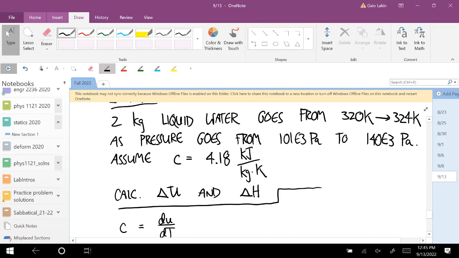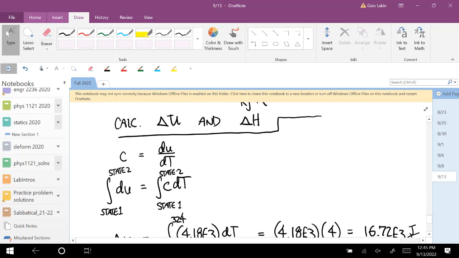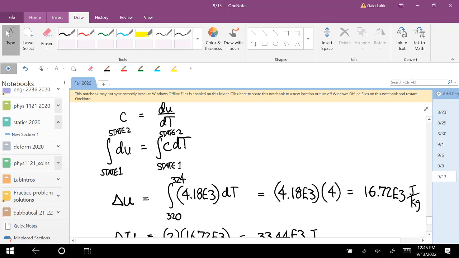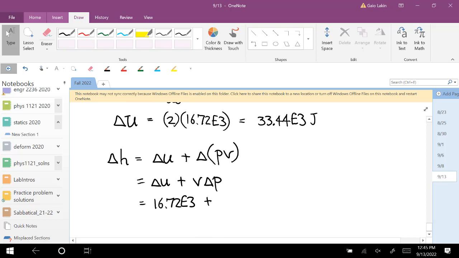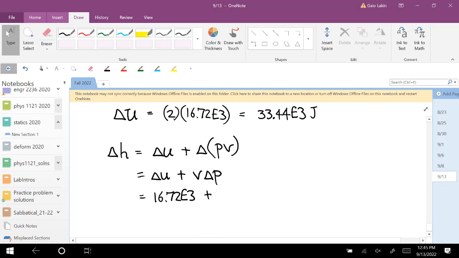That stays pretty constant for any liquid. For water, the density is about 1,000 kilograms per cubic meter, so it's going to be about 0.001 cubic meter per kilogram.